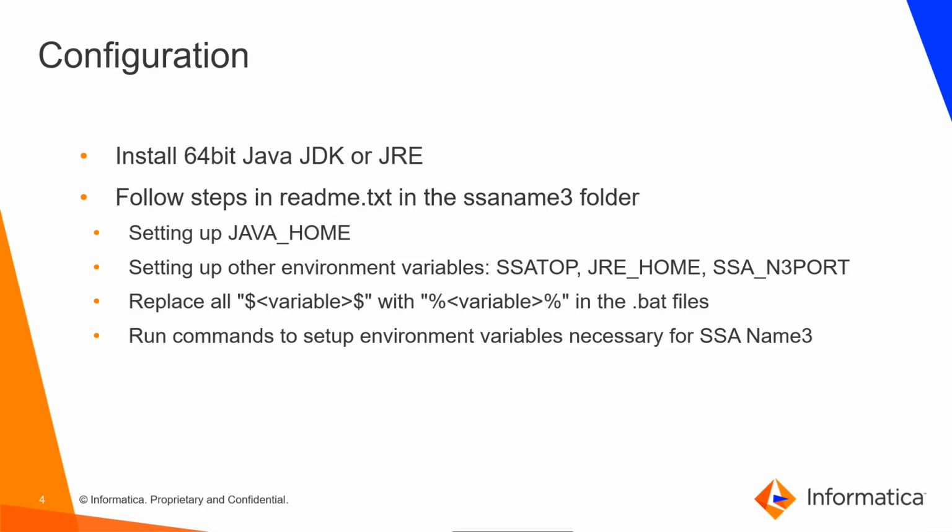So this text file has instructions on which environment variables need to be set up. To start with, it is JAVA_HOME, SSA_TOP, JRE_HOME, and SSA_N3_PORT. And then there are some other commands that are needed to set up some more environment variables which are needed for SSA Name3.